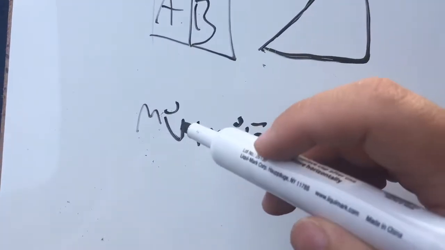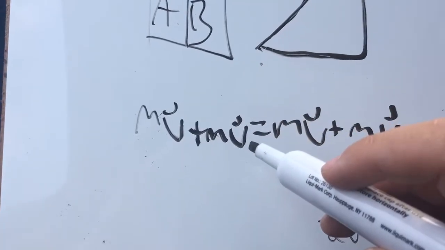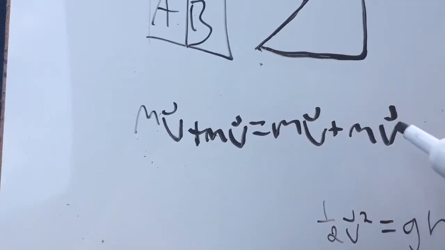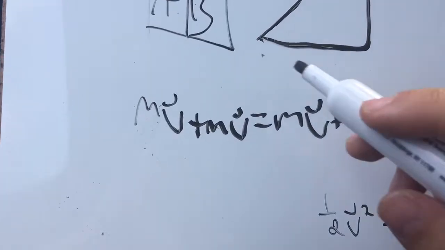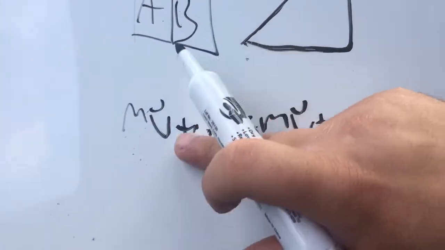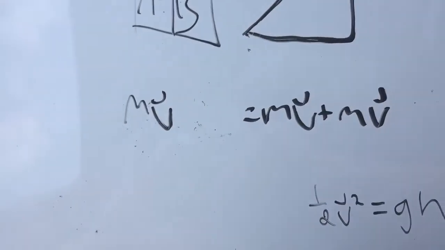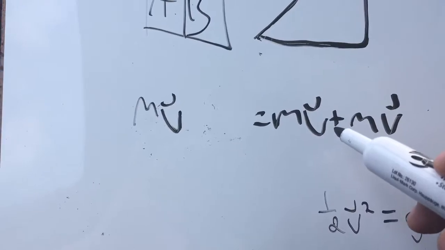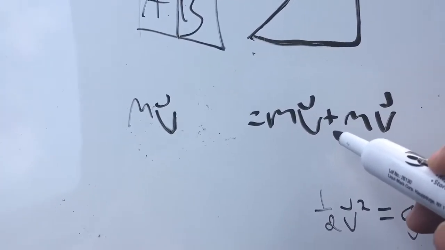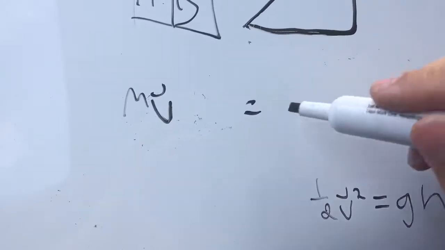So that's the momentum of Block A plus Block B initially is equal to the momentum of Block A and Block B final. In the second scenario Block B starts with zero momentum, so we can just erase that. And the blocks are identical and they have the same velocity because they stick together, so this is just going to be 2mv.